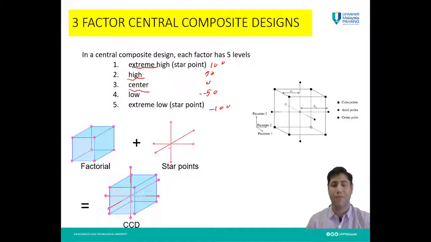We combine that and add star points or axial points to that design, and then we have a central composite design, or CCD. You can see here three factors, factor 1, factor 2, factor 3, and the cube points or factorial points, axial points, and center point which we have for this design.